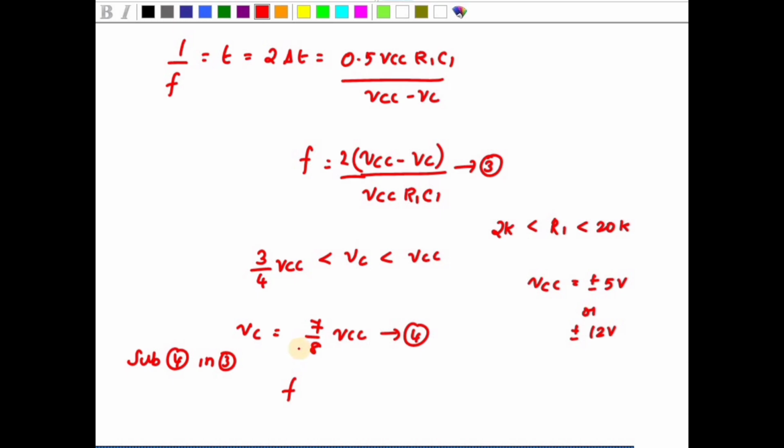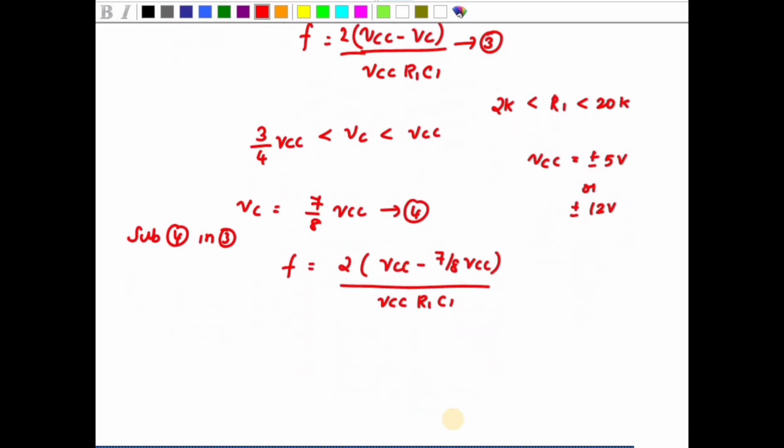Substituting VC equal to 7 by 8, I get 2 into VCC minus 7 by 8 of VCC, over VCC R1 C1, which gives 2 divided by 8 VCC divided by VCC R1 C1.